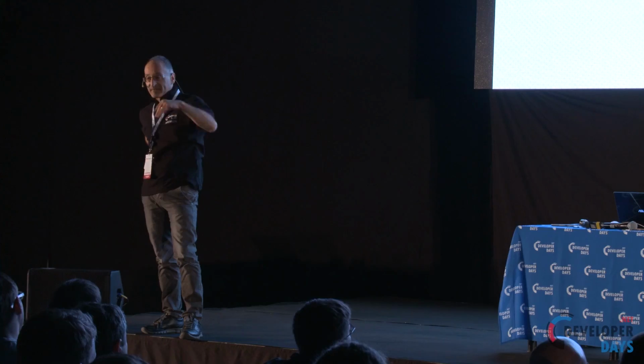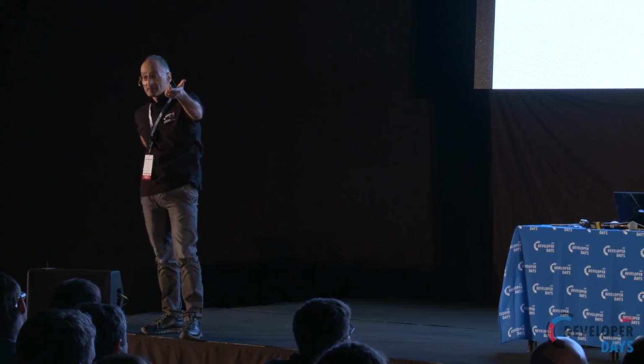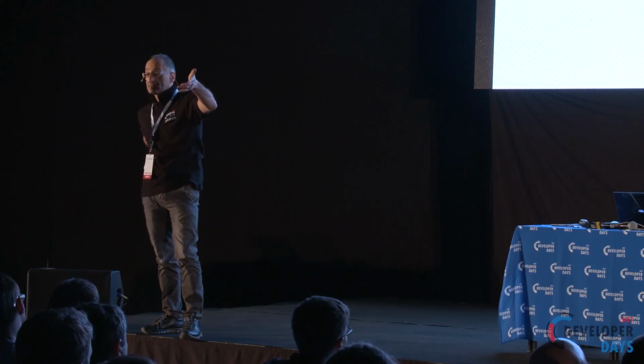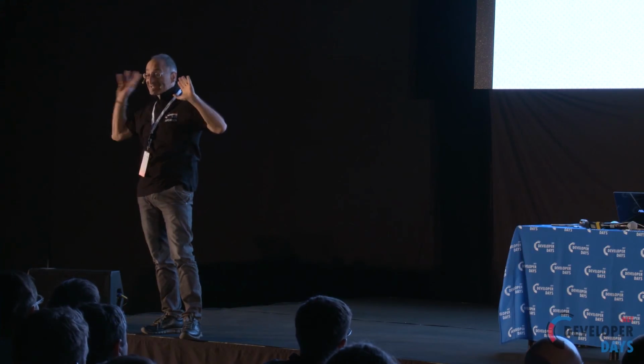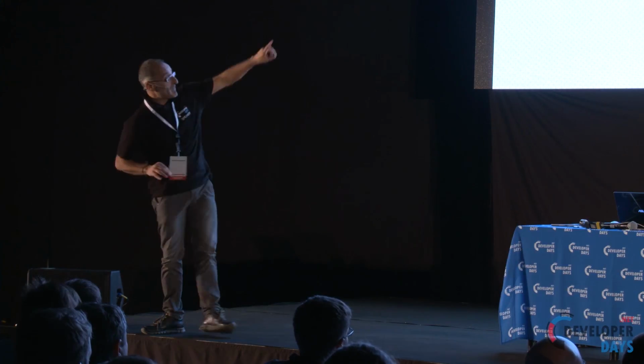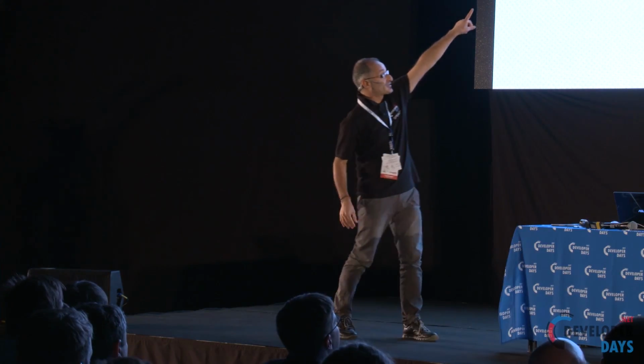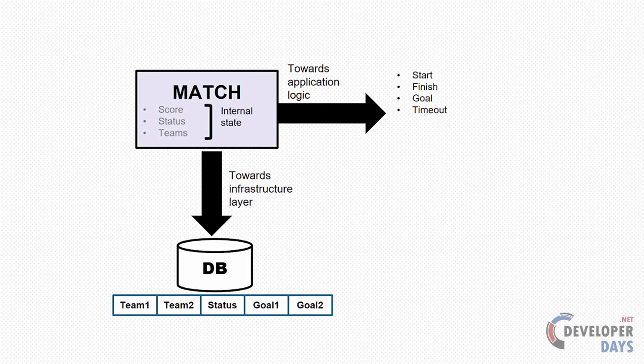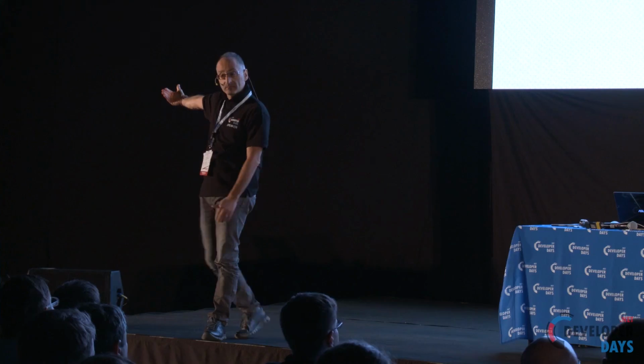So Entity Framework can even read and set properties we marked as private. Okay? But conceptually, the match class with methods like start, finish, goal, and timeout, and whatever, is completely different and should be physically different from the match class you create as part of the Entity Framework persistence model.